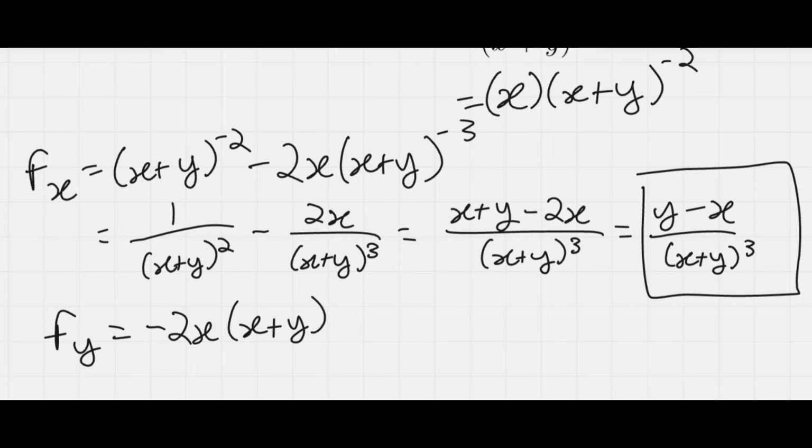Using power rule, we set this power to be equal to negative 3, and the derivative of x plus y, setting x to be a constant, is just going to be 1 yet again, so we're left with the original expression. And so hence we say that the derivative of f with respect to y is going to be equal to (x plus y) cubed.